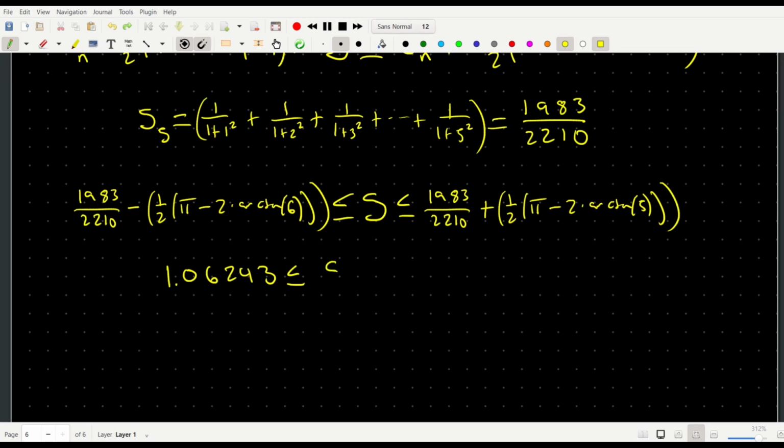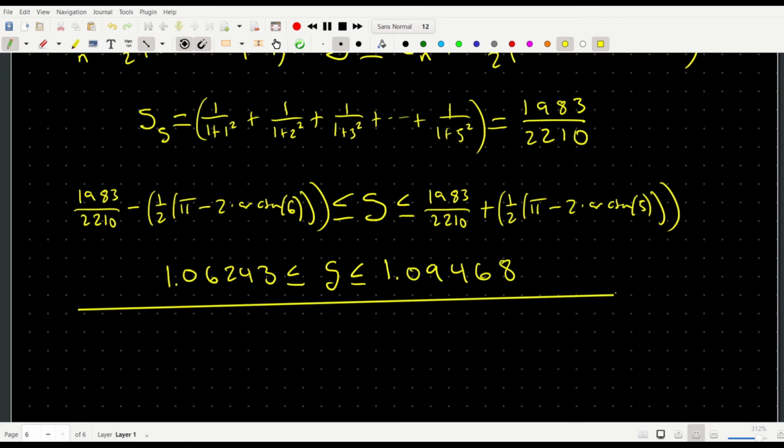And the upper bound ends up being about 1.09468. So this tells us that the actual value of this infinite series is between 1.06 and 1.09.